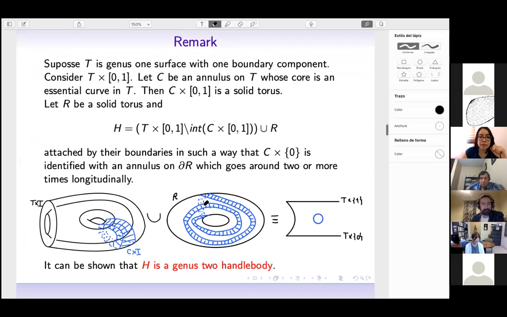Here is a remark. Consider that P is a genus 1 surface with one boundary component, and take this product region, T cross an interval.